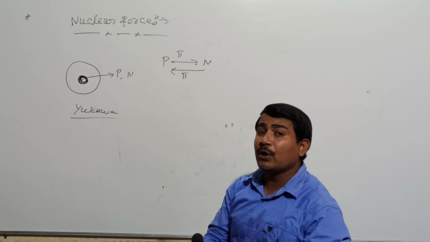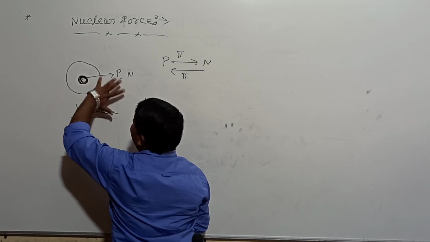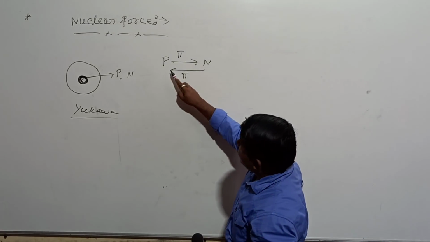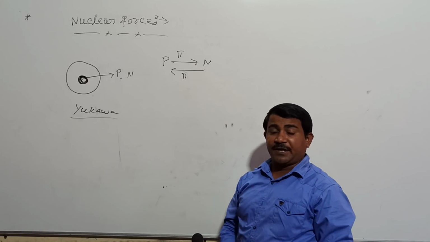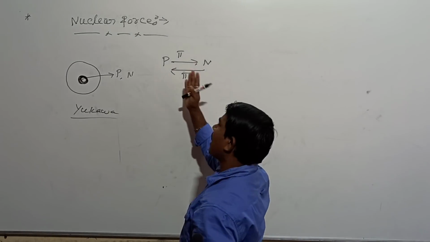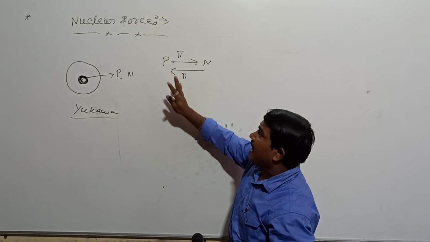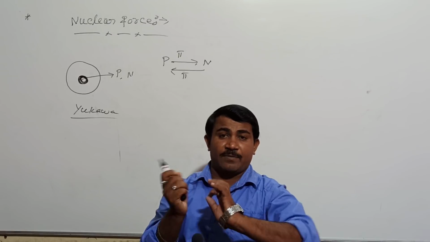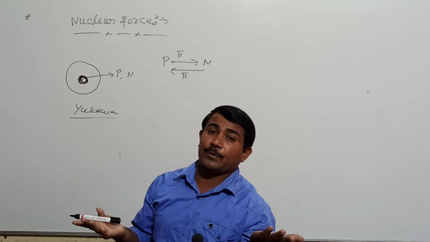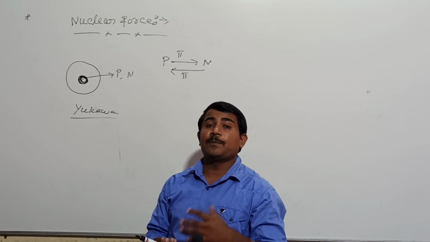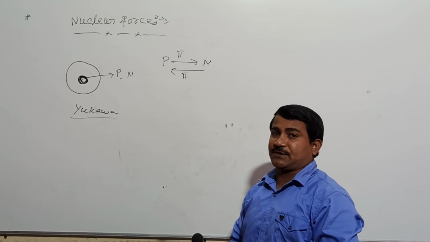That force holds the nucleons inside the nucleus very tightly. The exchange of pi mesons is very complicated. Simply, you can say that during conversion of proton to neutron, they exchange some particle called pi mesons. Due to exchange of pi mesons, the nuclear force between protons, between neutrons, and between proton and neutron arises.